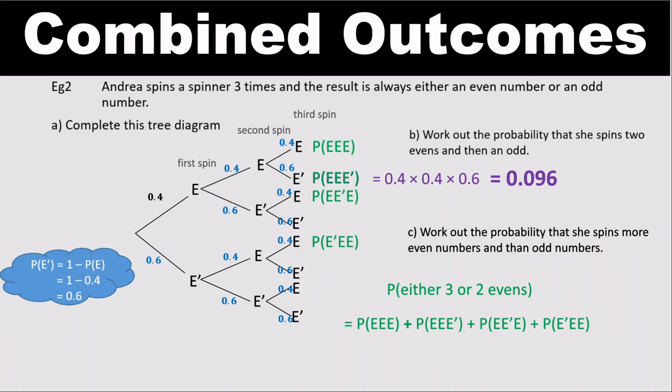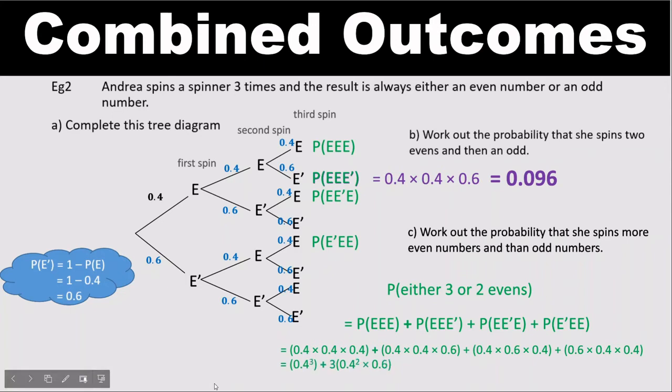And to work out those combined probabilities, again, we're using the AND rule for these independent events by multiplying the probabilities on each of the branches. So for even, even, even, we've multiplied 0.4 times 0.4 times 0.4. For even, even, odd, we've done 0.4 times 0.4 times 0.6. For even, odd, even, we've done 0.4 times 0.6 times 0.4. And for odd, even, even, we've done 0.6 times 0.4 times 0.4.